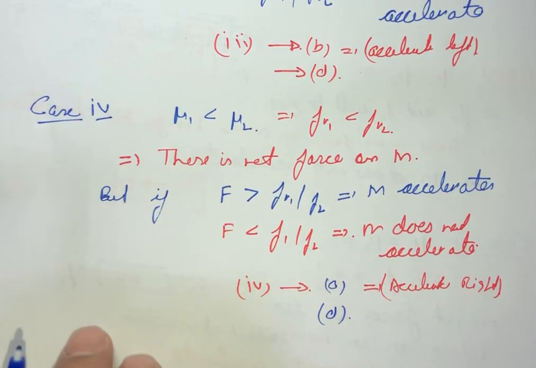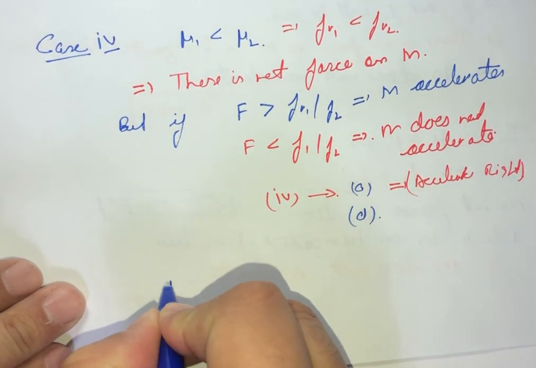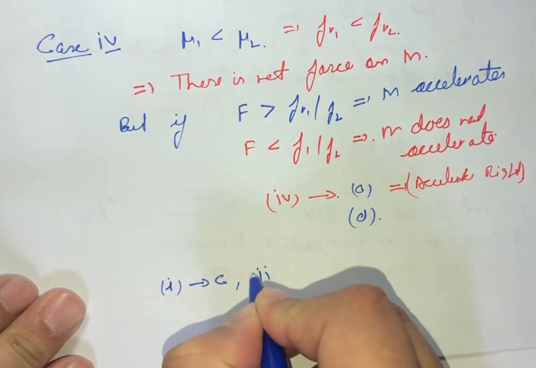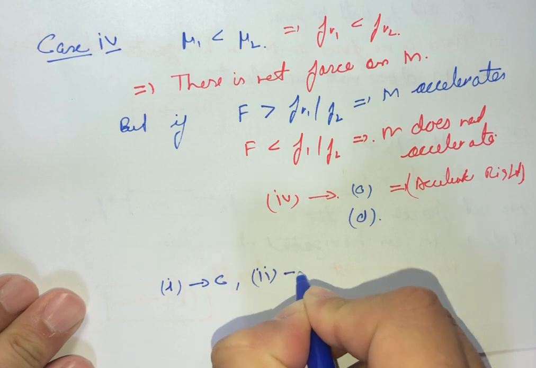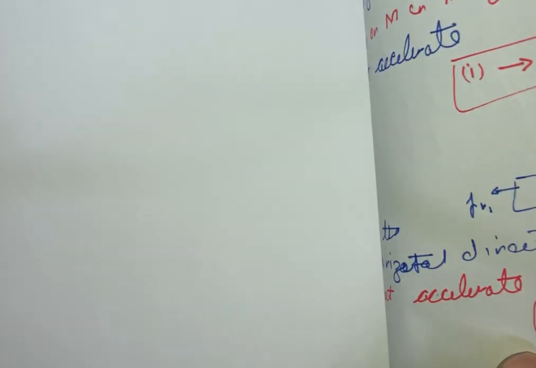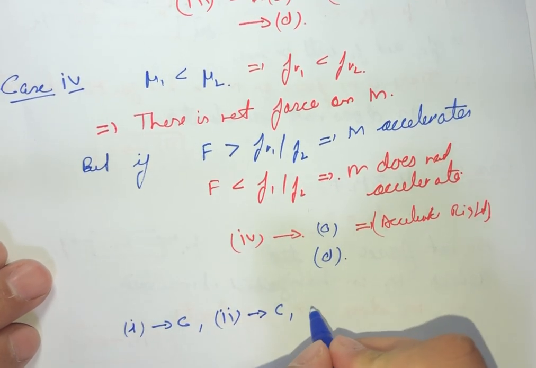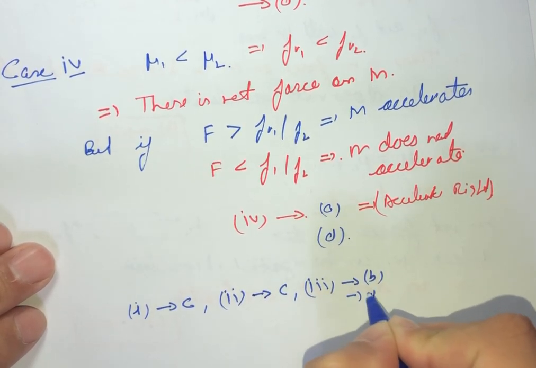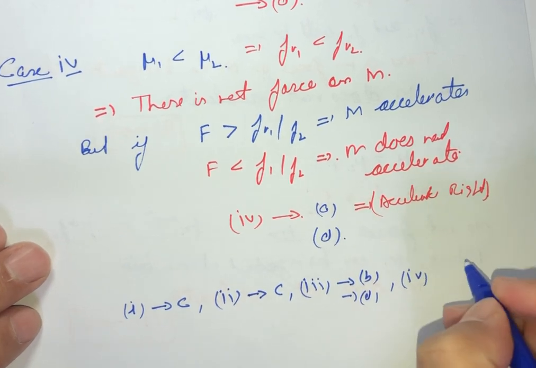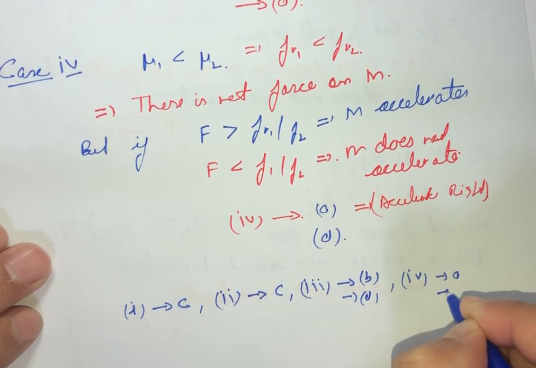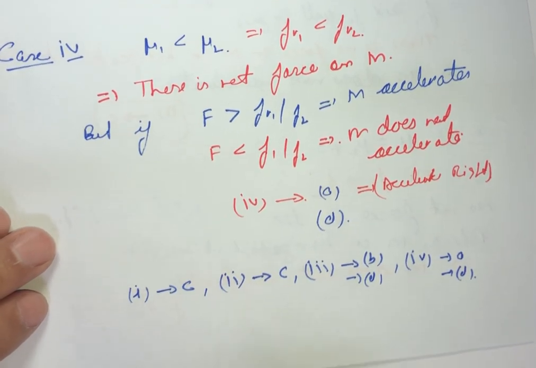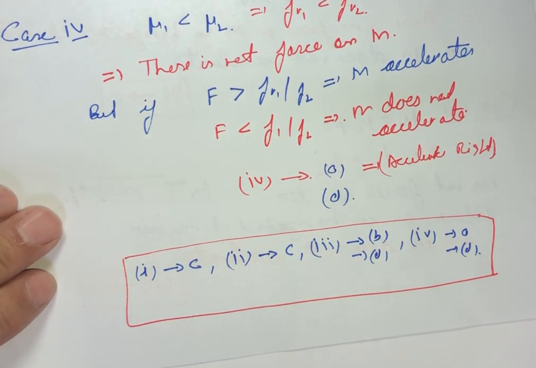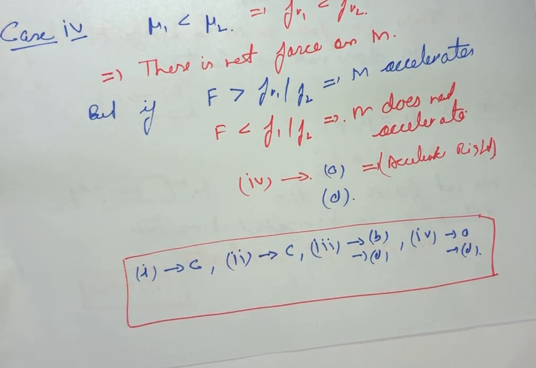So the consolidated options are: for our first case, option C. For the second case, option C. For the third case we have two options, either B or D, and for the fourth, either A or once again D. So these are our correct options. Thank you.